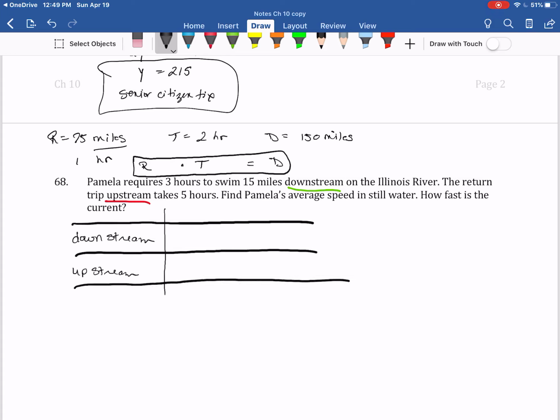We've got a rate. We've got a time. We've got a distance. Okay, so what do we know? Now that we've got our blank table set up, we have to start filling in with the information that we're given.